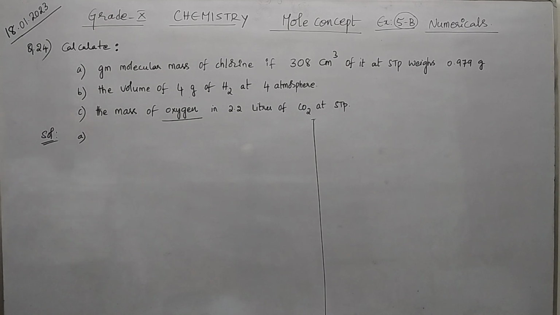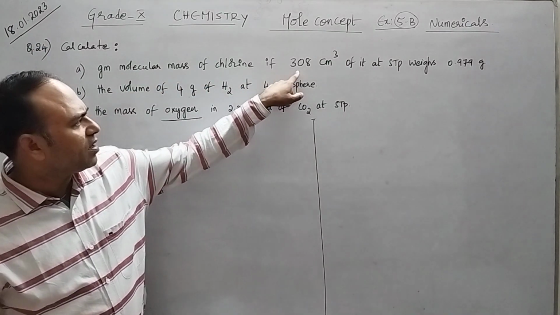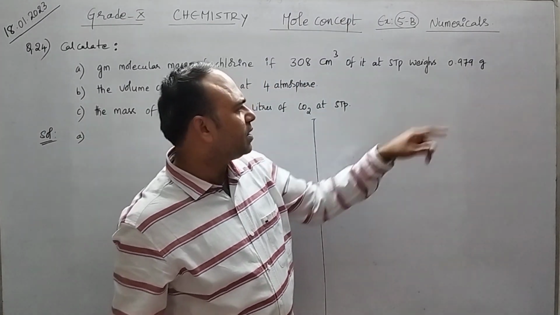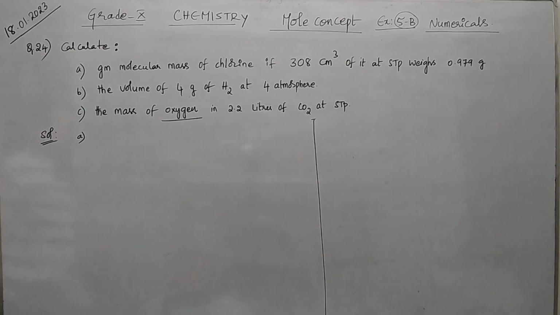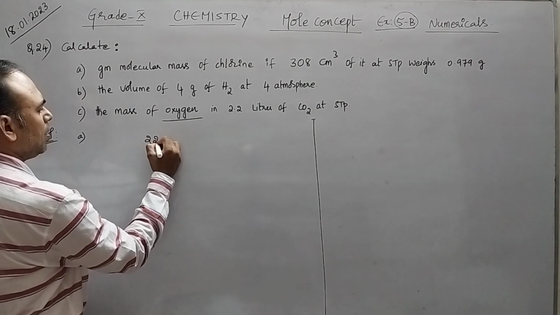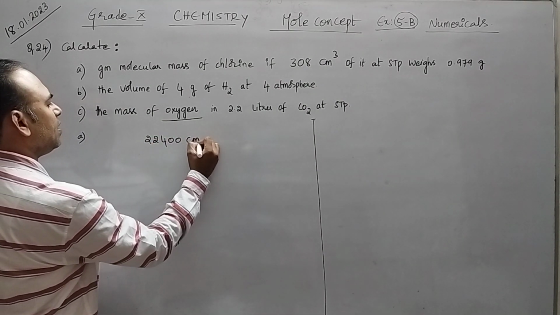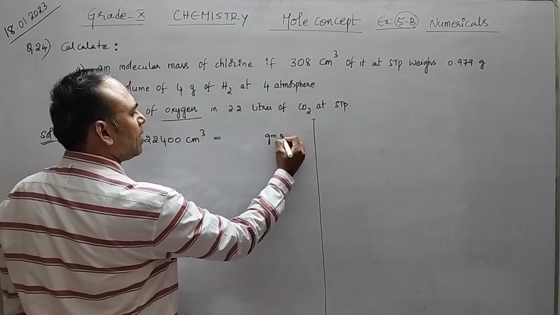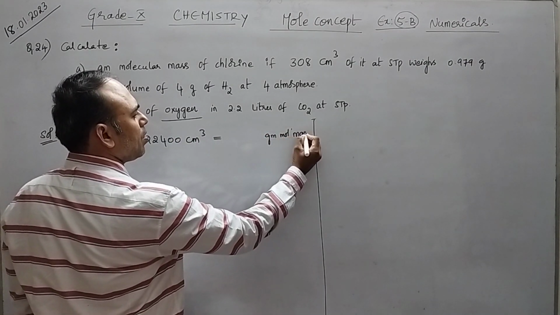Now question number 24, calculate gram molecular mass of chlorine if 308 centimeter cube of it has a weight of 0.979 grams. So one by one we will solve. Let us take first A, question number A. We all know that 22,400 centimeter cube will be equivalent to its gram molecular mass.